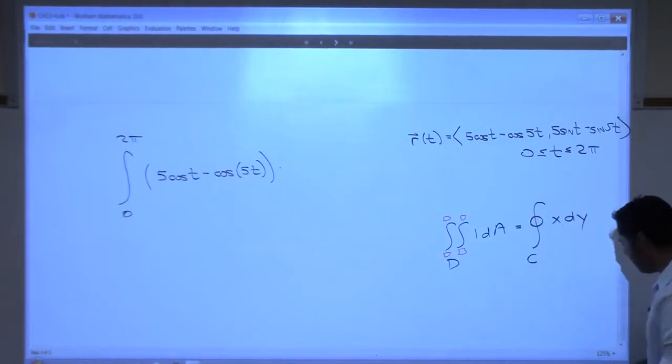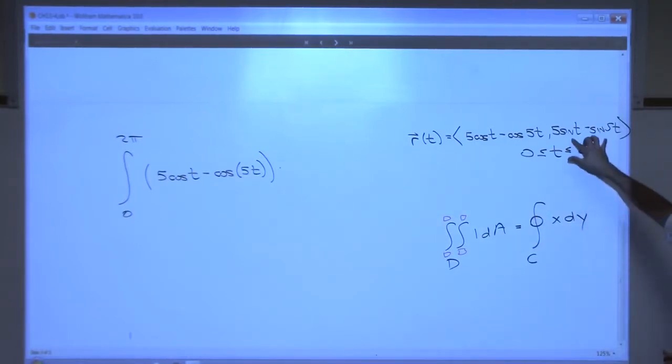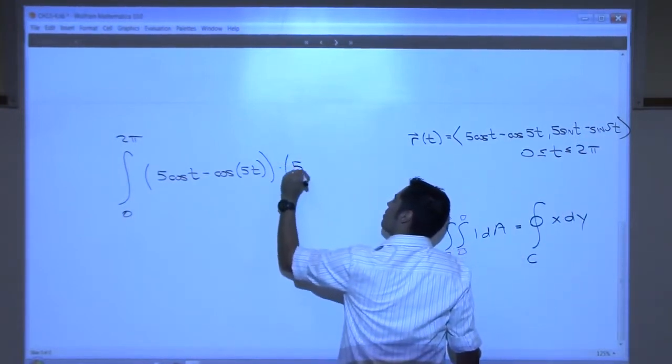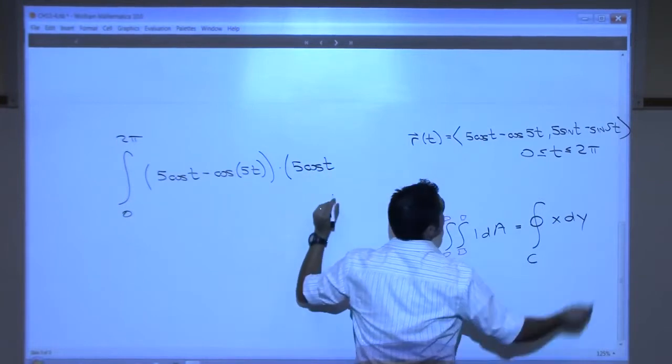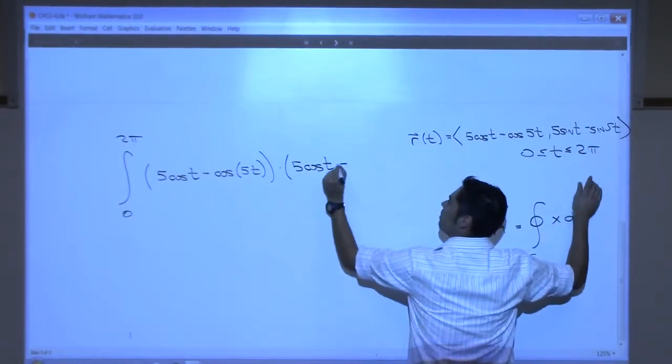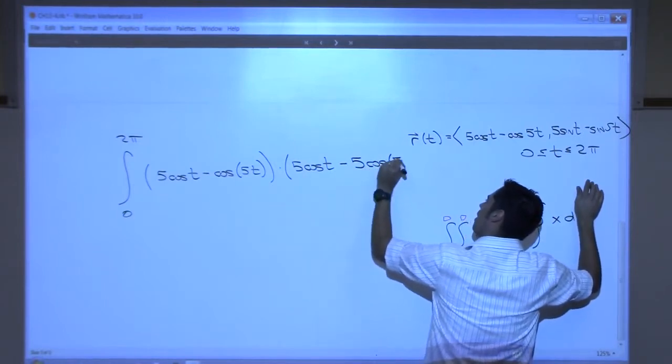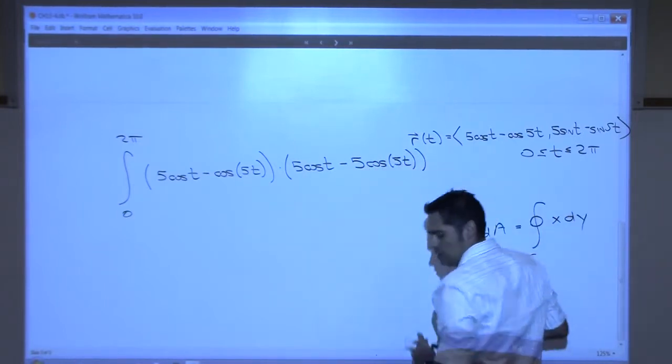So I have to take the derivative of my y, which is the derivative of this. So 5 cosine t minus 5 cosine 5t dt.